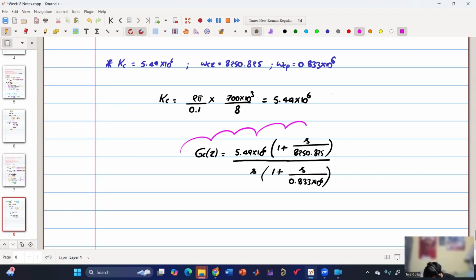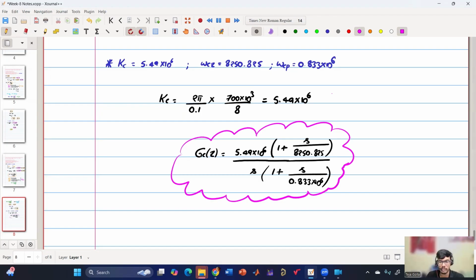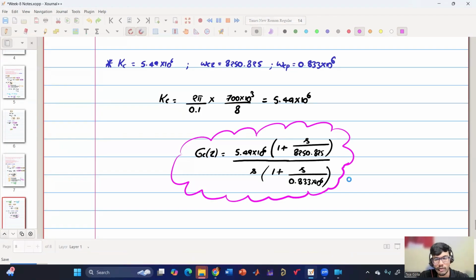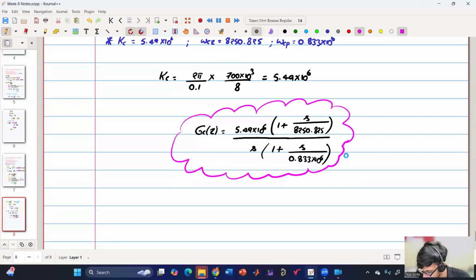So this is the controller that we have obtained for the practical buck converter that was given. If you see, this pole is far away from the imaginary axis.